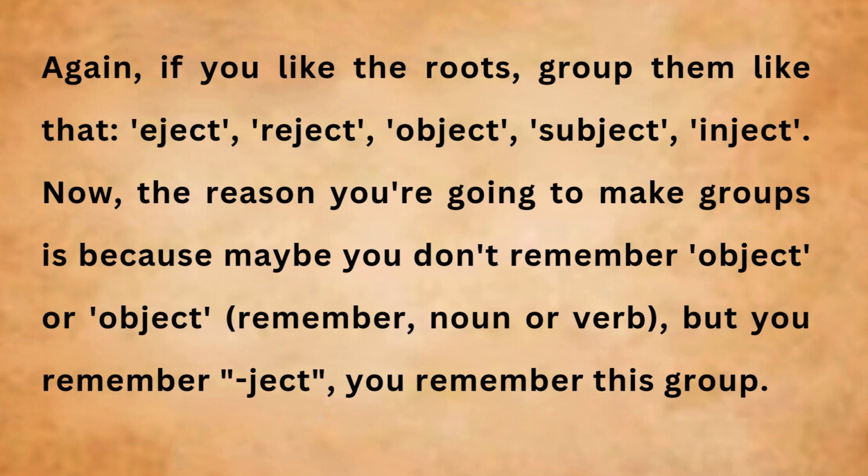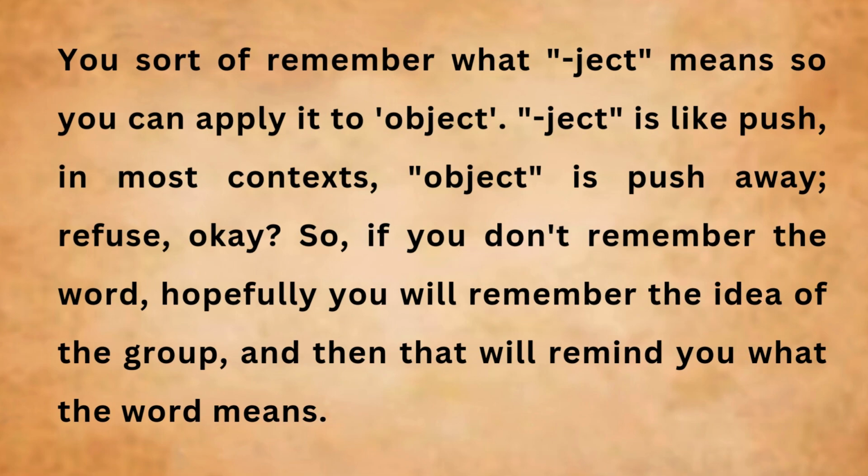You remember this group. You sort of remember what ject means, so you can apply it to object. Ject is like push in most contexts. Object is push away, refuse, okay? So if you don't remember the word, hopefully you will remember the idea of the group, and then that will remind you what the word means, okay?